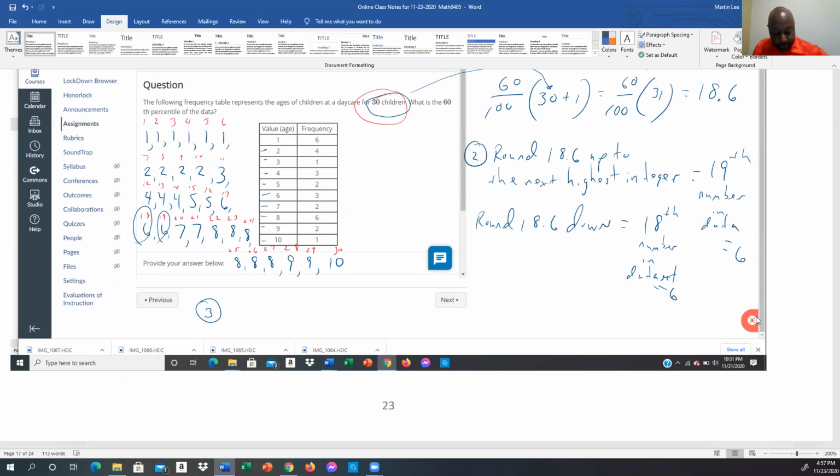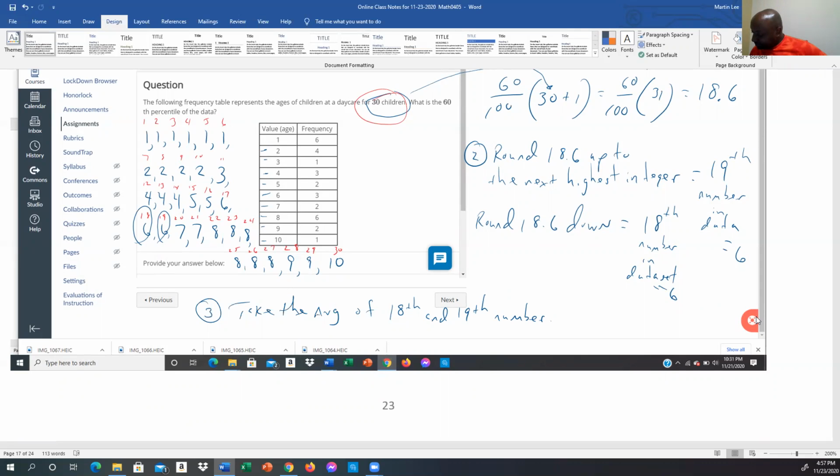And so now what we do is take the average of the 18th and 19th number. And this will give us the 60th percentile.